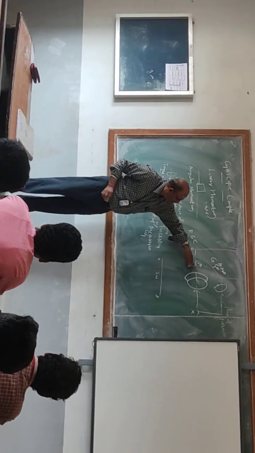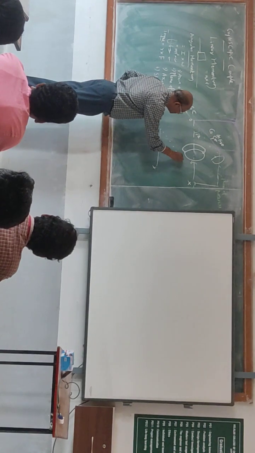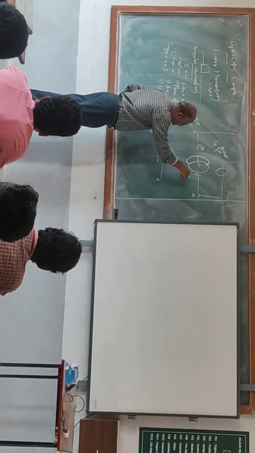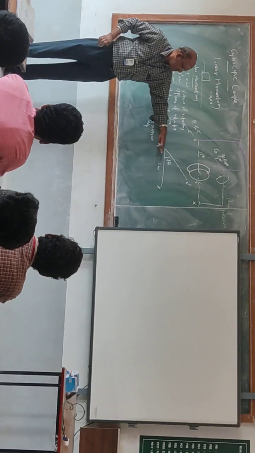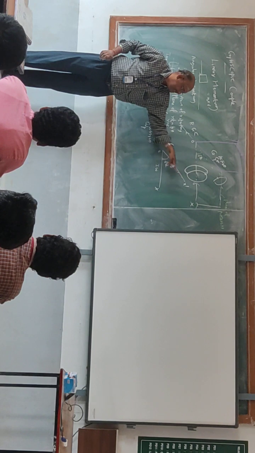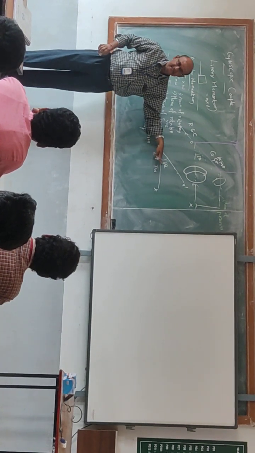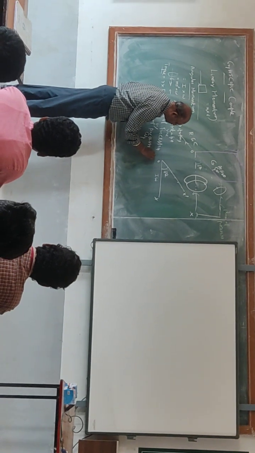After a certain time, the axis of rotation will move to the new position OX dash in time del t, through the angle del theta. Now what is the change in angular momentum?